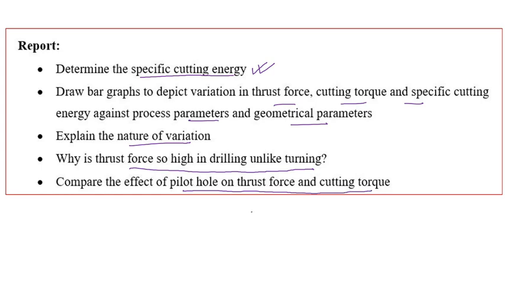There is no direct question asking why thrust force goes down by 80% or so but torque doesn't, but even if you are not writing it in the report, it can definitely be asked in your examination. So search for that particular answer. I will give you a small hint.